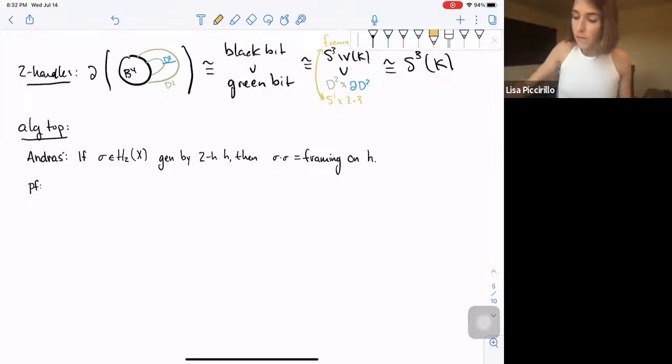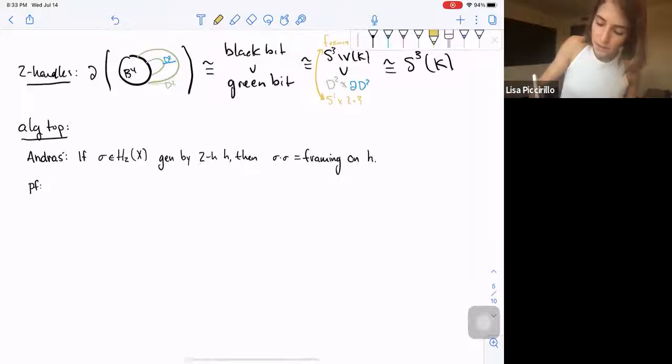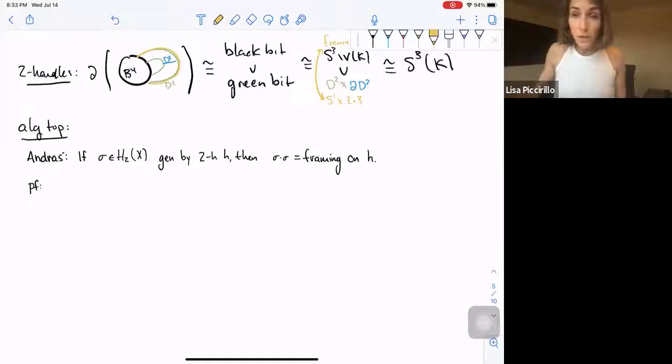And remember, we observed that this S1 times a point bounds this disk in the boundary of our manifold. So what we see is that this framing curve for our knot bounds a disk in this space.